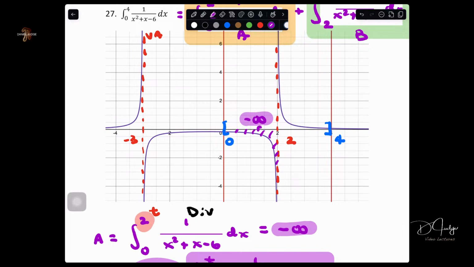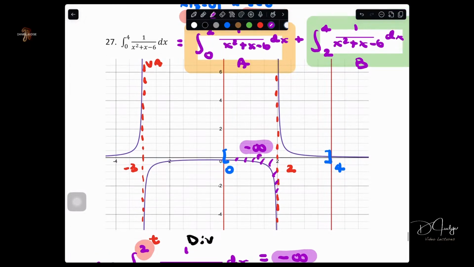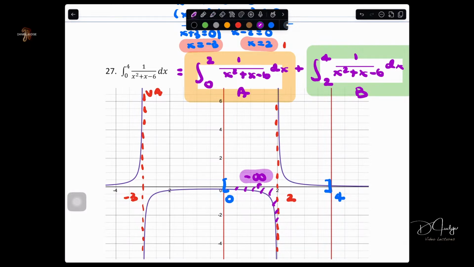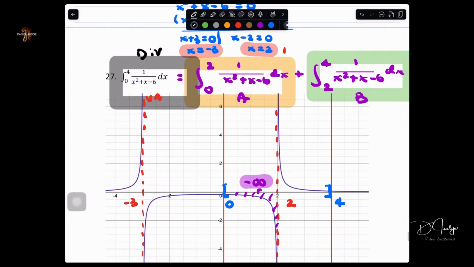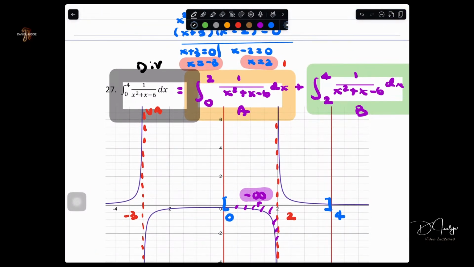So that area to the left there for that first improper integral, we see it diverges, which means this whole integral diverges. We just say it diverges. So this one's not too bad either. But that's the whole situation. So this first one diverges. We don't have to check the second one at all. Okay, so there's the answer to number 27.